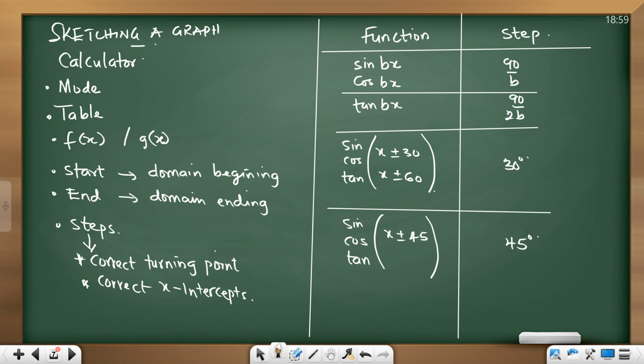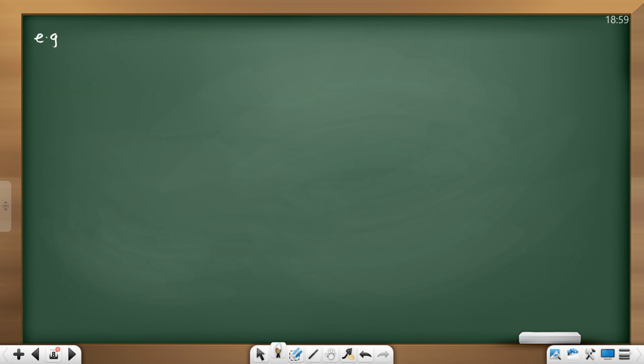Okay, example. Let us sketch the graph of f of x equals to 2 sine x plus 30, plus 3.